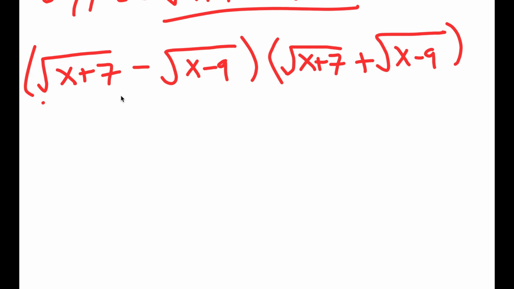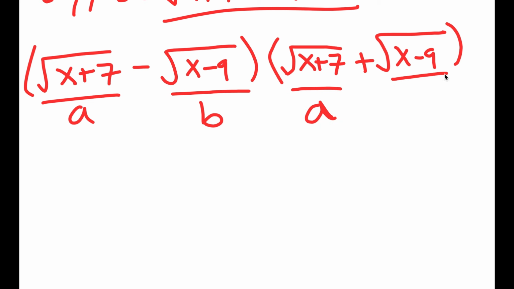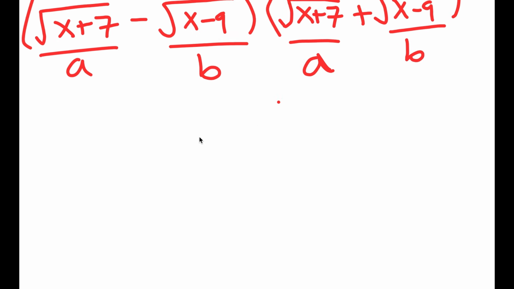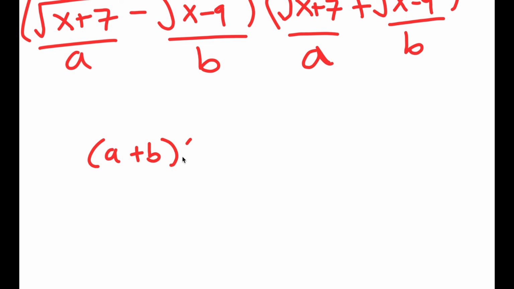And what I'm going to do is assign the square root of x plus 7 as a, and the square root of x minus 9 as b. So I have, in this case, a minus b times a plus b. And if I have something in the form a plus b times a minus b, this is equal to a squared minus b squared.